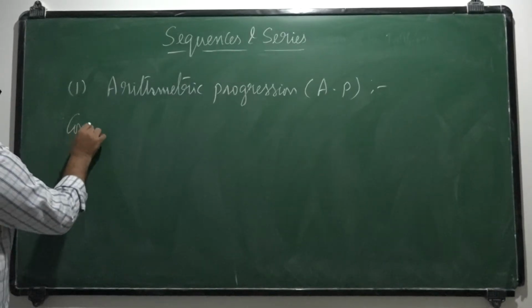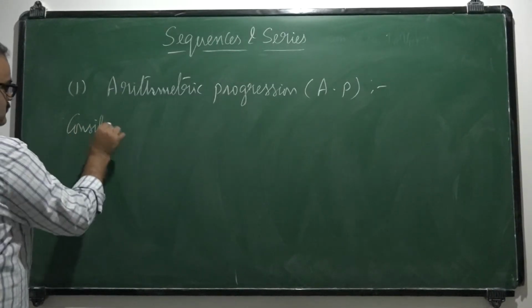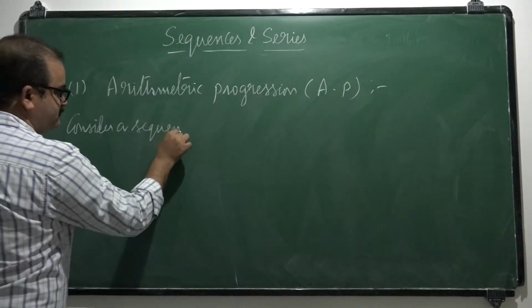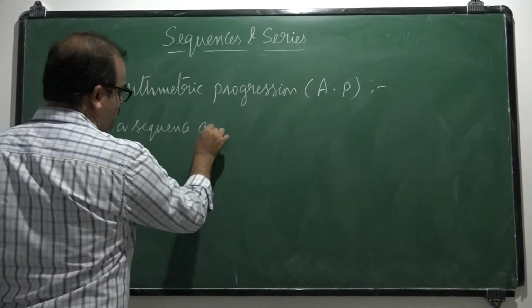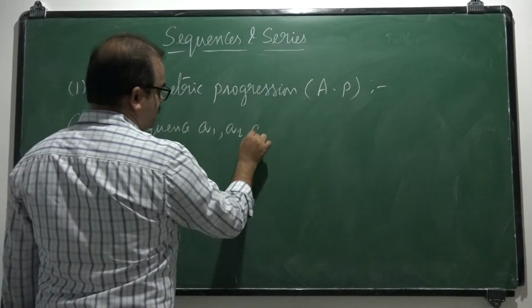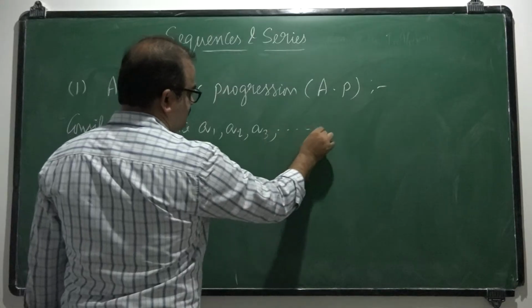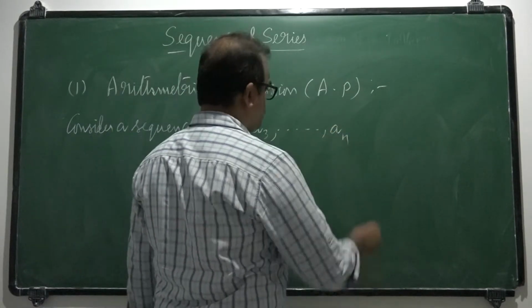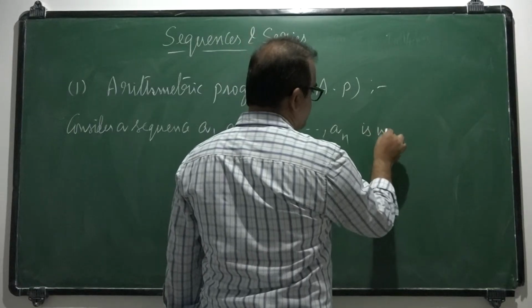Consider a sequence A1, A2, A3 and so on AN is in arithmetic progression.